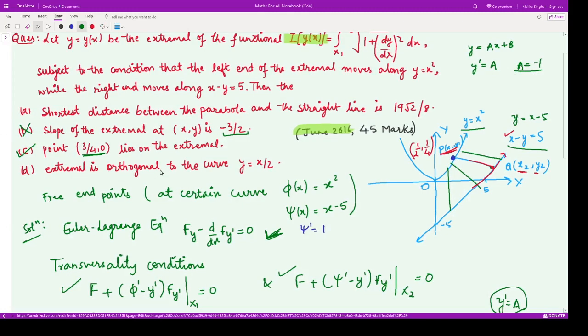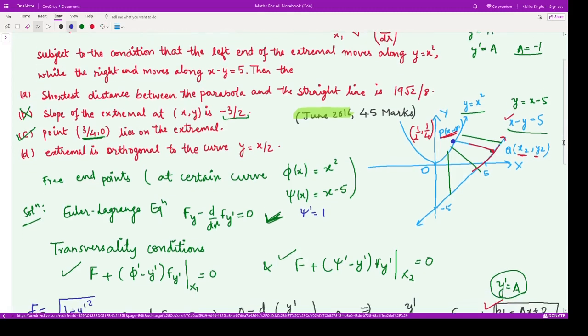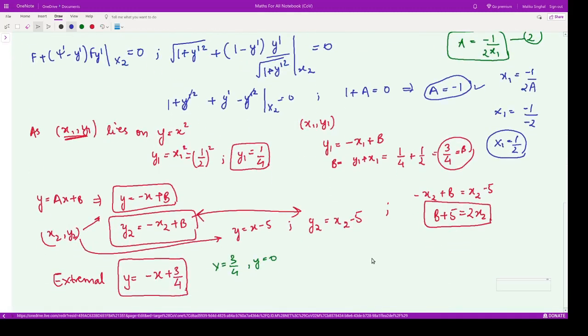Next, the extremal is orthogonal to the curve y = x/2. In this case, we have to check whether y = x/2 is orthogonal to our given extremal y = -x + 3/4 or not. For that, the slope of this is y' = 1/2 and the slope of the other is -1. If these two curves are orthogonal, then their slopes when multiplied together must result in -1.